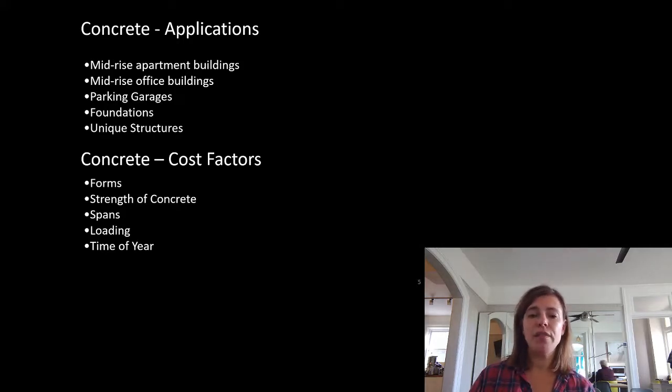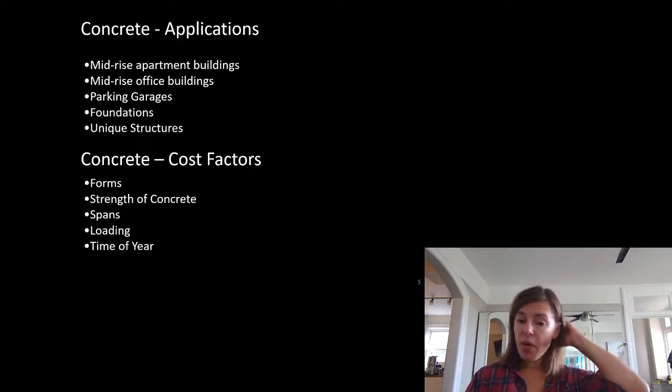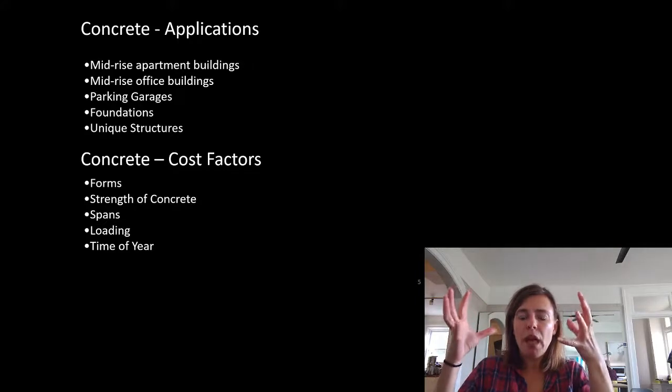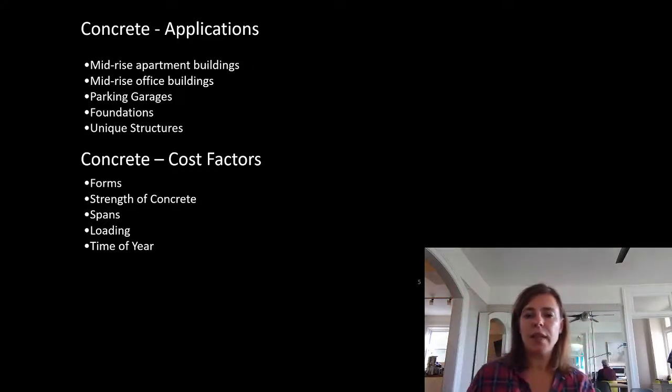Foundations are kind of just a no-brainer when it comes to concrete. There are definitely foundations that aren't concrete, but those are the rarity, not the norm. Because our soil is everywhere pushing in, our concrete works really well to resist that load everywhere. Also, we don't have to bring a built thing to the site. We make concrete on site.